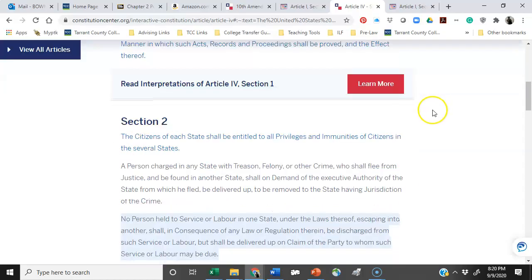Another thing that states must do is provide privileges and immunities of citizens to citizens of the United States, regardless of what state they are from. So you cannot tell someone you can't buy a house in Texas if you're not a Texas resident.